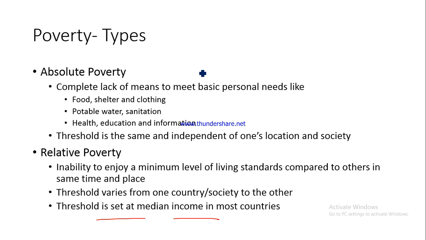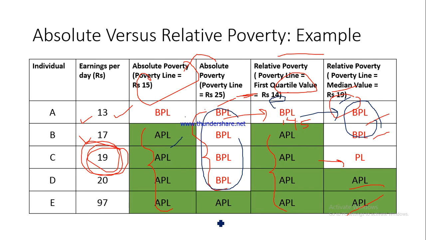Now, just to remind you, for relative poverty the threshold was set at median income in most countries. So I've done that here. All those who are earning less than this median value would be considered below poverty line. Now this is the relative poverty. Fine.